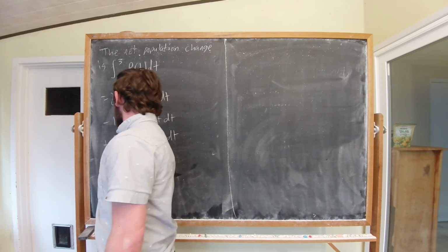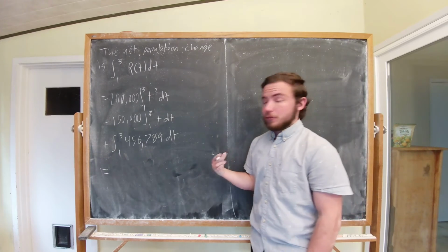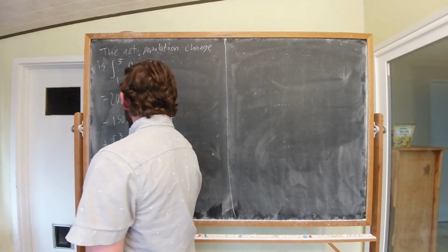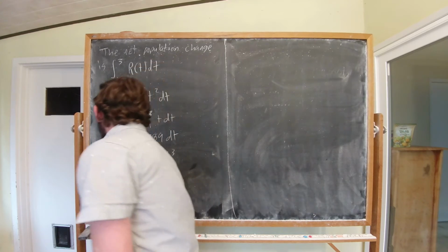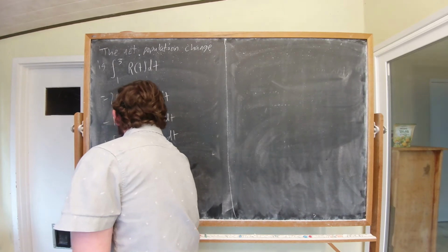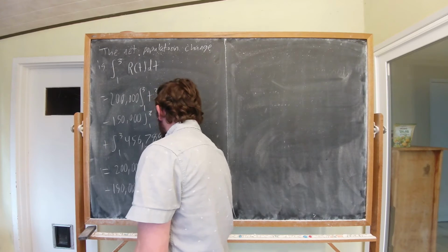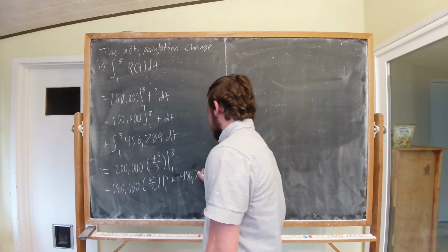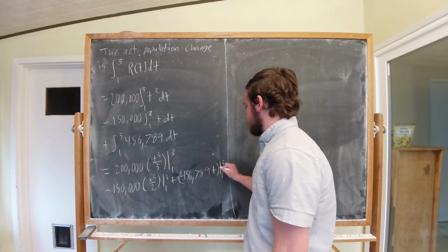Well, if we start trying to compute those integrals, T squared is t cubed over 3 for the integral. So we have 200,000 times t cubed over 3 between 1 and 3 minus 150,000 times t squared over 2 between 1 and 3 plus 456,789 t from 1 to 3.